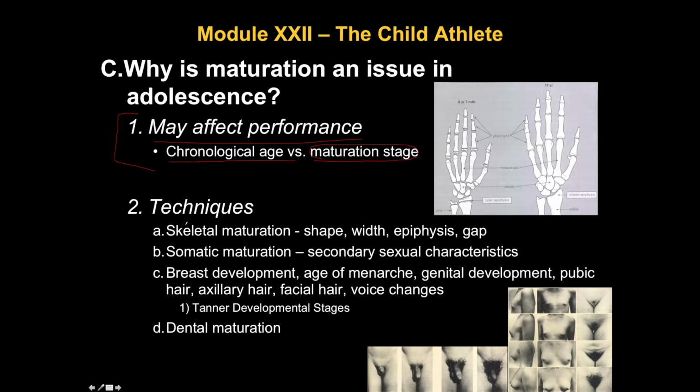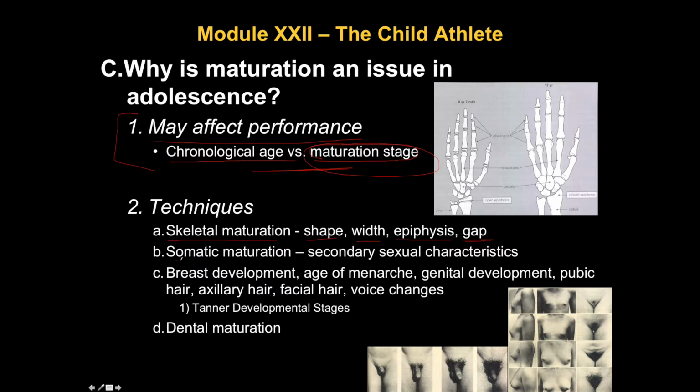So some techniques that we use to differentiate particularly maturation stages from chronological stages are going to be things like skeletal maturation. So we can look at the shape of bone, the width of bone, the epiphysis, particularly the epiphyseal plates, the gap among the bones.